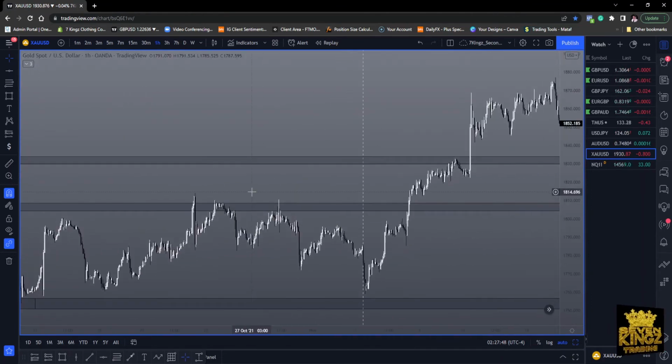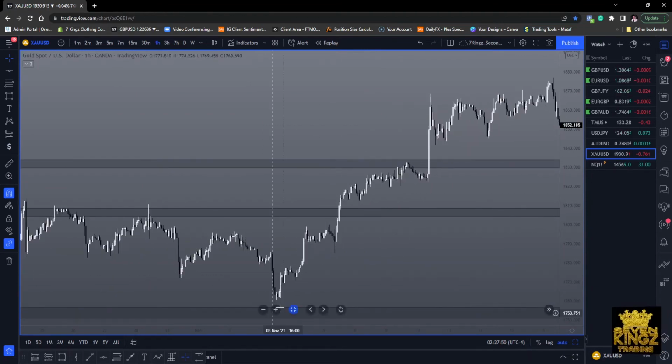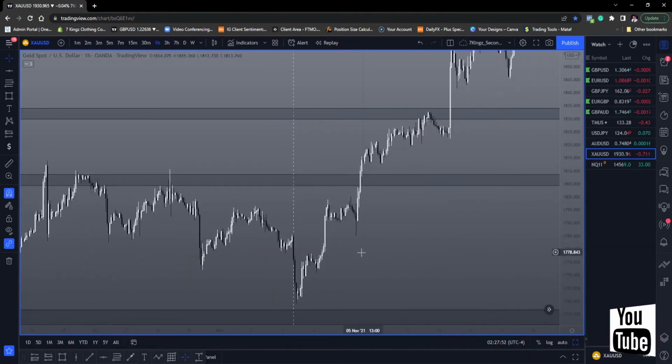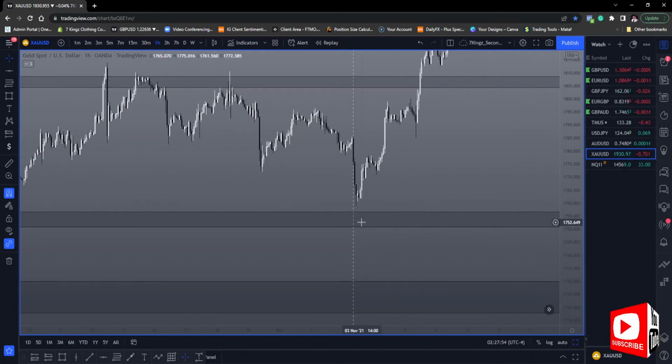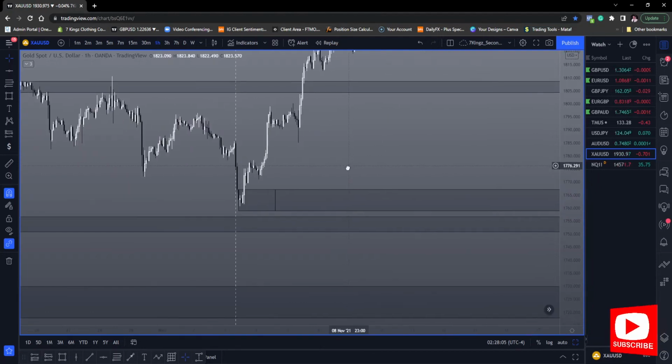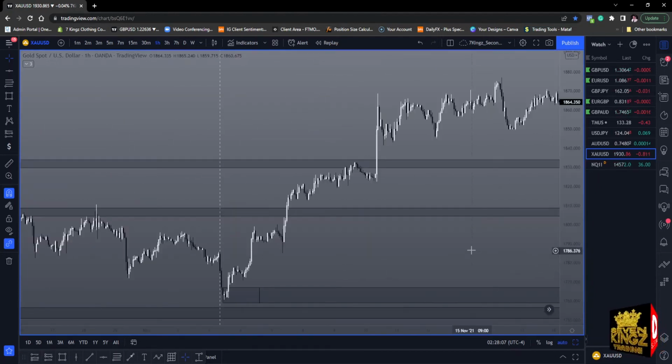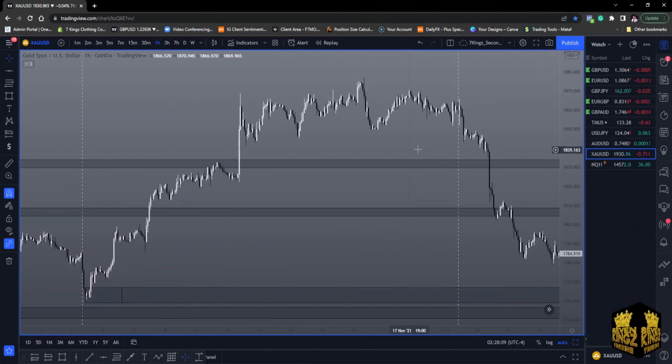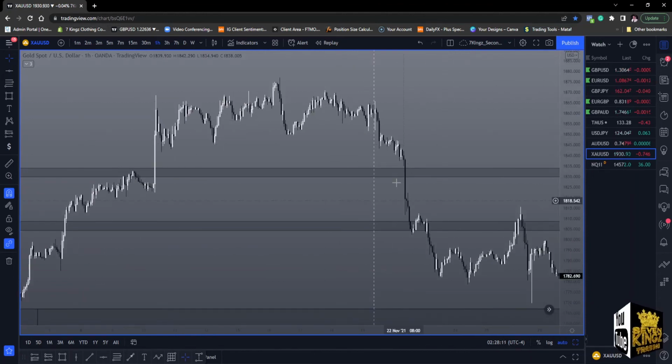So price comes back down to this level here. Doesn't quite get to it. Shoots away. So we either missed it, and that happens sometimes too, or we just didn't get there yet.